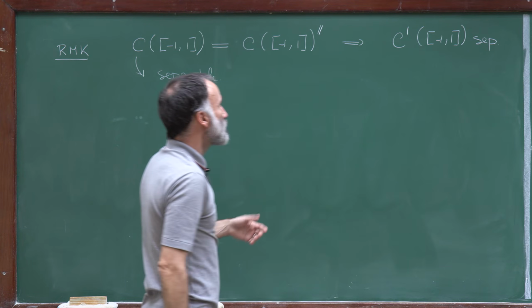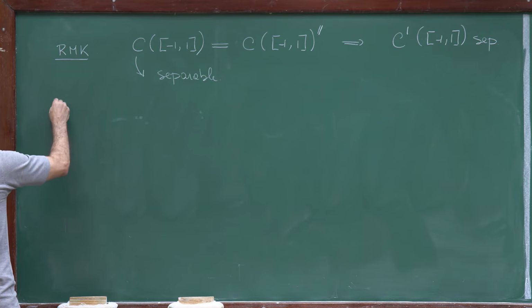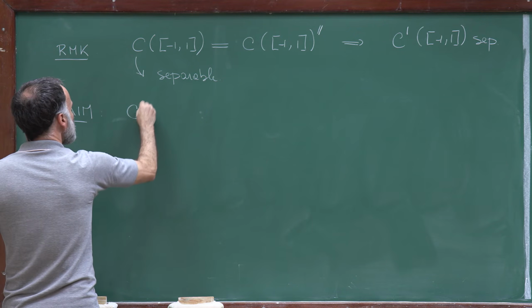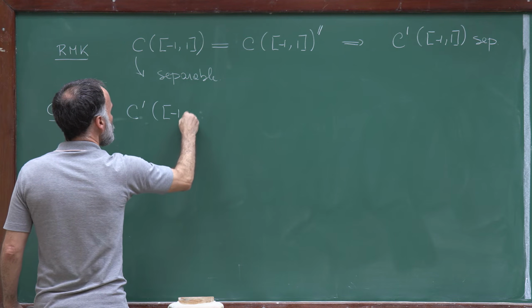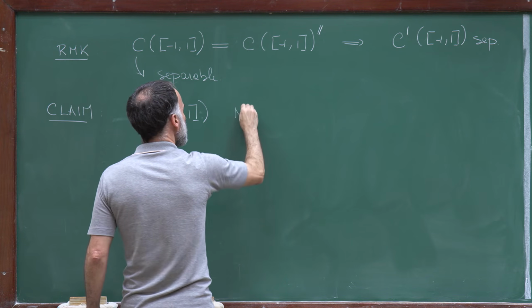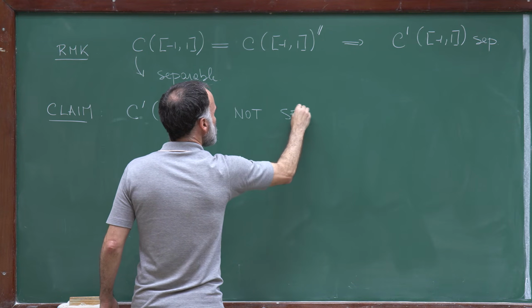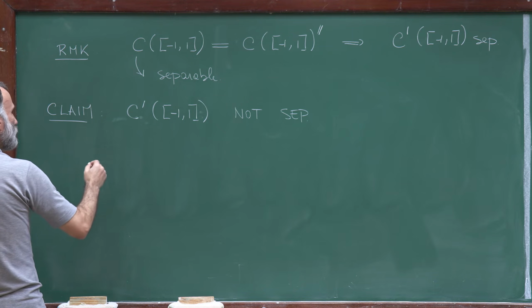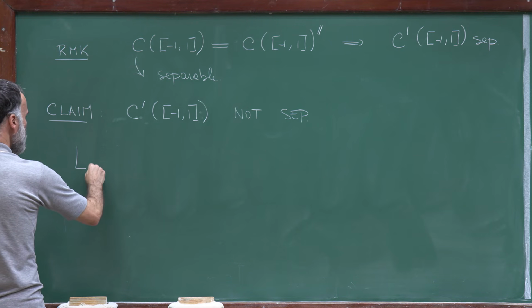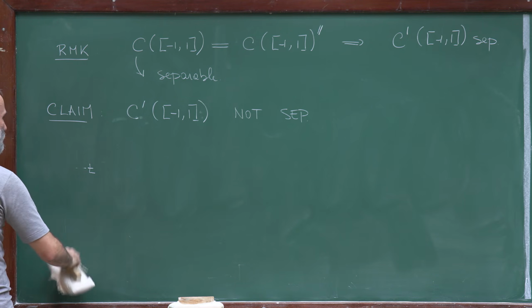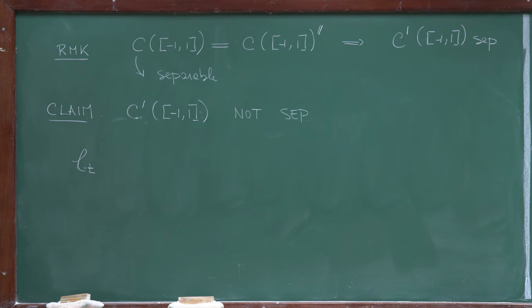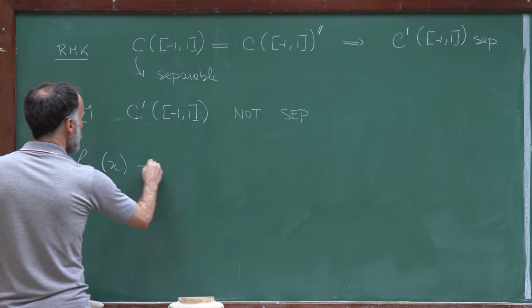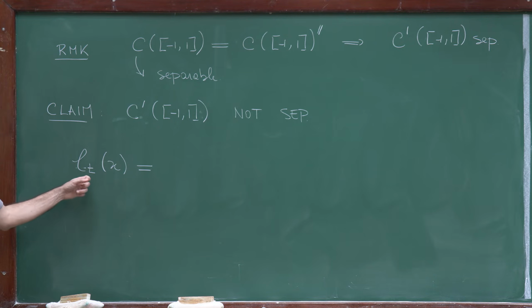So let's show that C prime is not separable. So my claim is that C prime on [-1, 1] is not separable. And let's define a family. So let's consider the following, maybe to keep my notation, L_t. So L_t of x, where x is a continuous function.